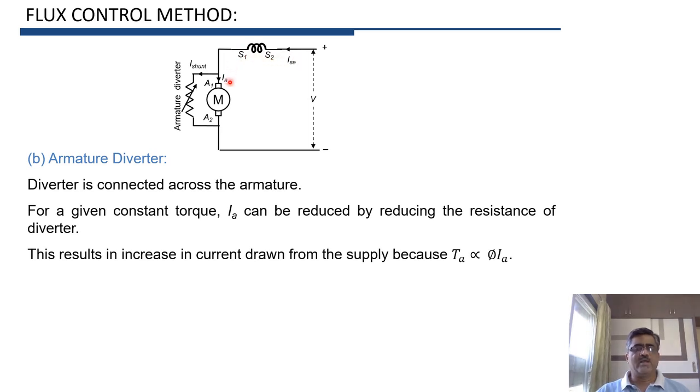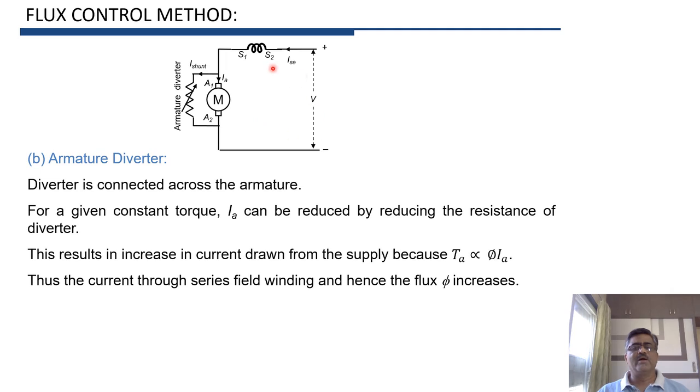from supply. Therefore, if load torque is maintained constant and armature diverter resistance is reduced, then the motor will draw more current from supply, and therefore the current through the field winding, that is ISE, will increase. This will increase flux phi.